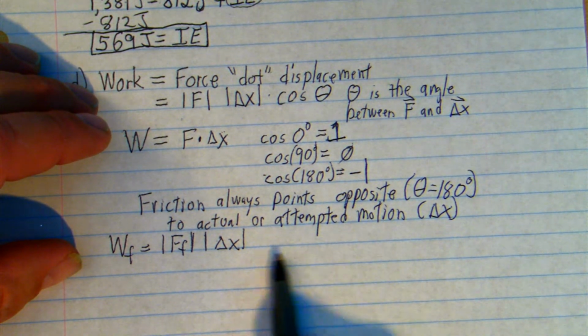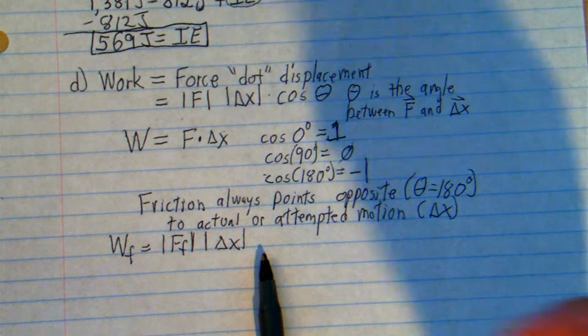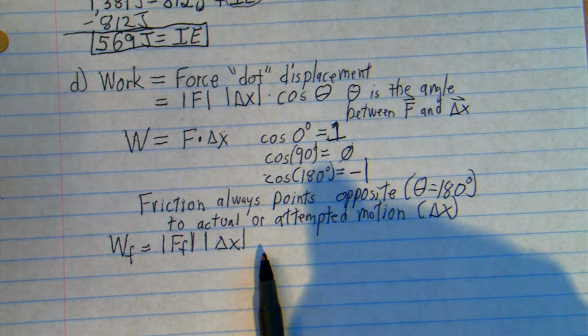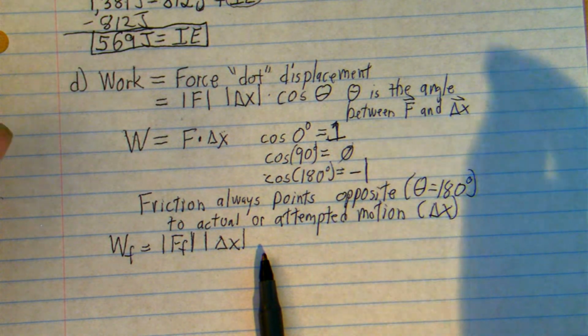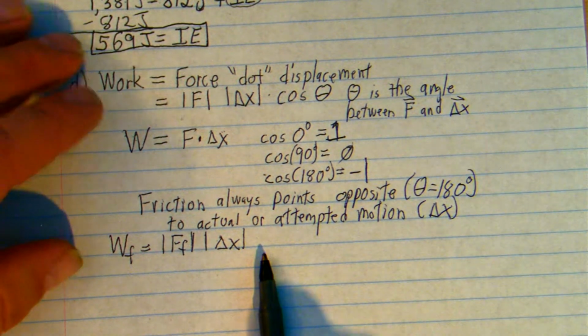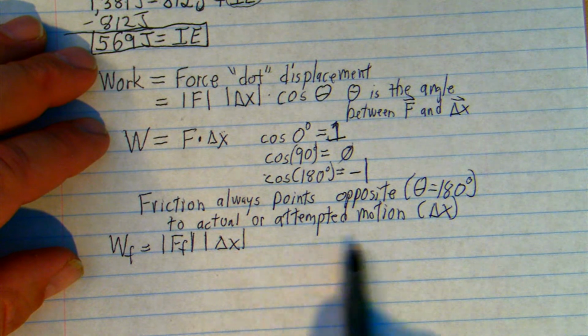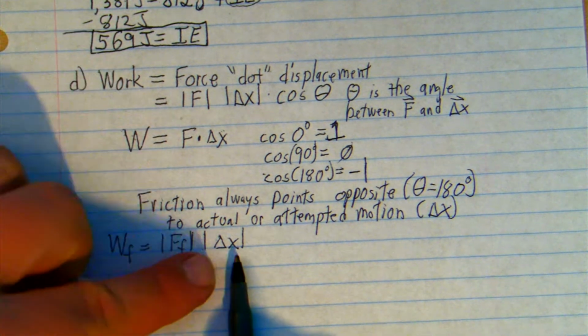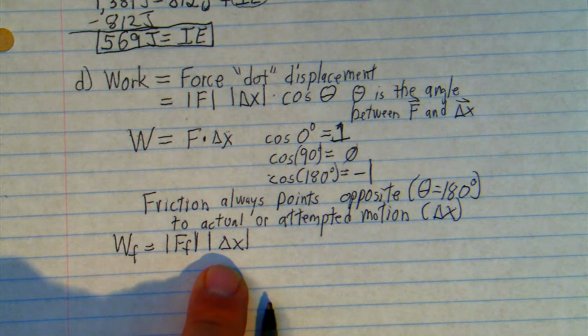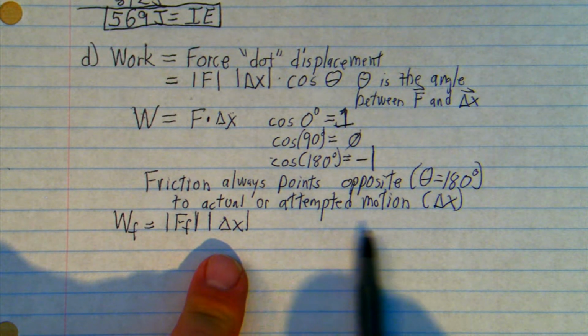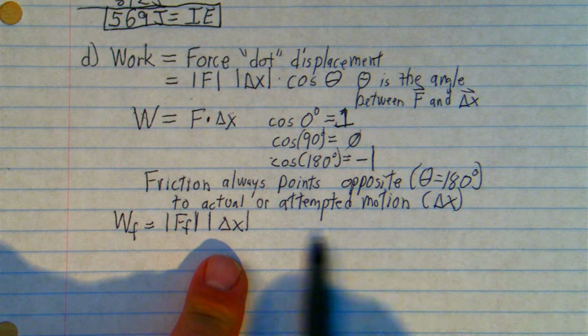And if it travels back to 0, friction reverses direction as the direction of delta x reverses direction. So it's really 2 delta x is the total distance traveled. So what goes into here when we're calculating friction isn't really displacement, it's really the total distance traveled.